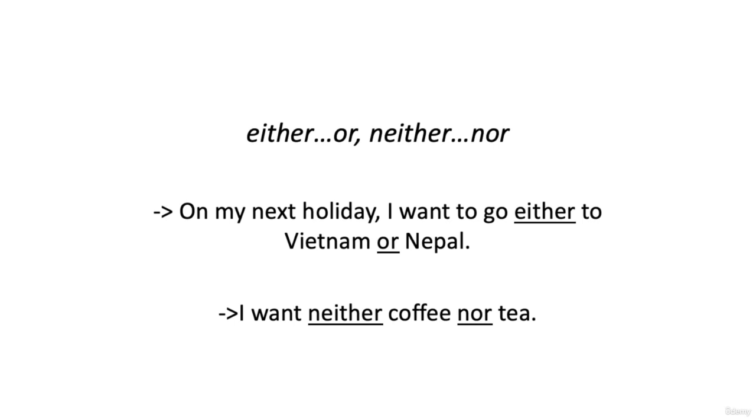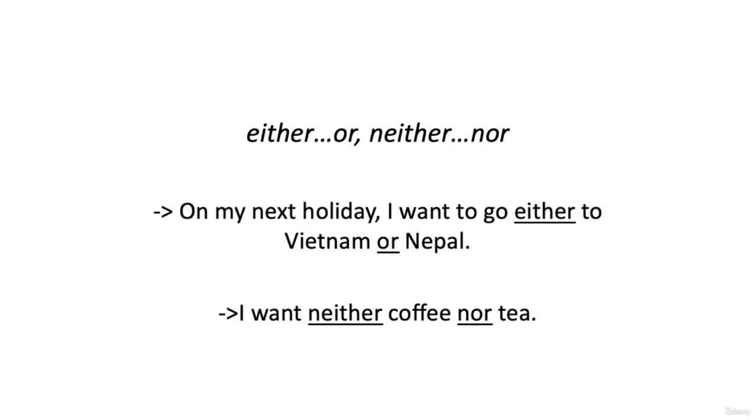However, the alternatives must belong to the same category of word. For example, two nouns or two verbs. We use either or for positive choices and neither nor for negative choices.